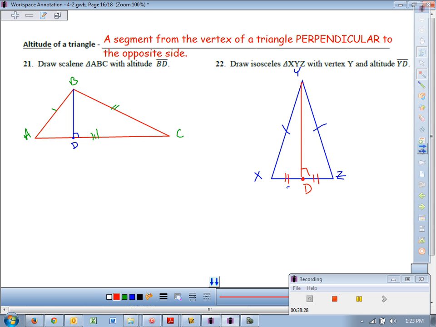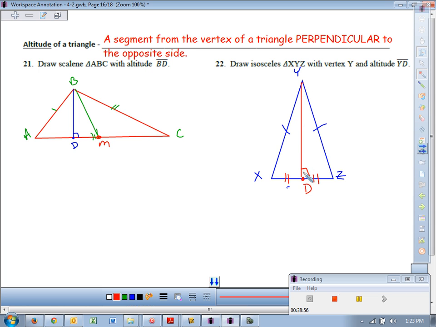The median I just drew went from Y to the midpoint of the opposite side. What do you see if this is an isosceles triangle? I drew an altitude, then I drew the median. What do you see? Here was the altitude, and here was the median. What did you see? How many segments? 2 different segments.